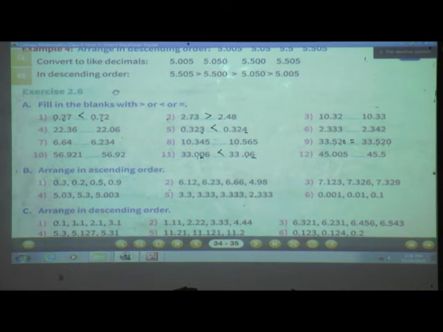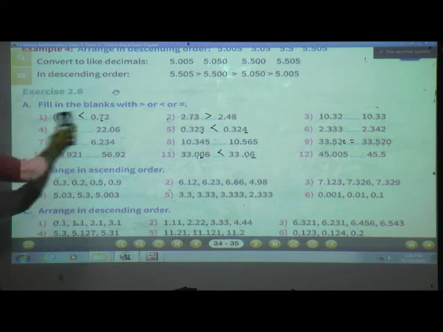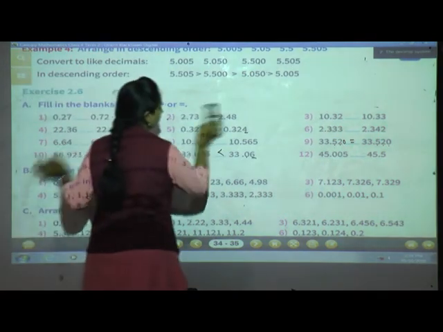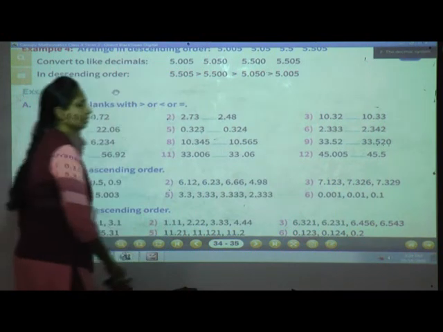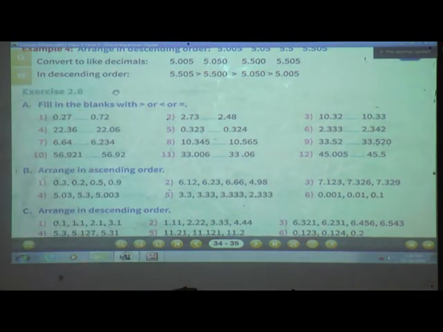What is the B question? Arrange in ascending order. Ascending order means, students, we have to arrange the numbers from smaller to greater. Okay, let's arrange.